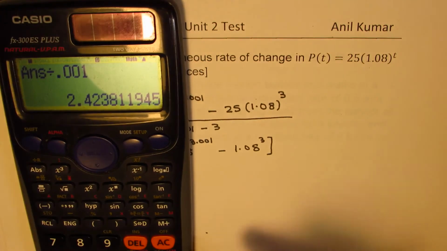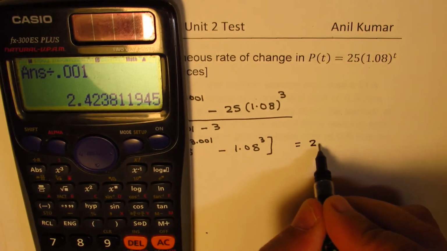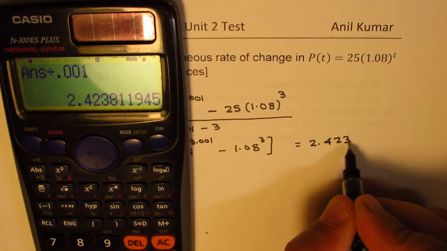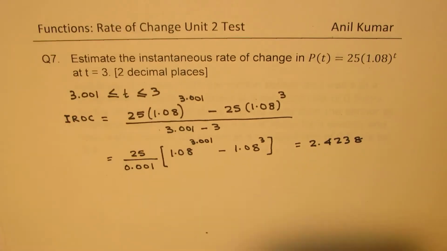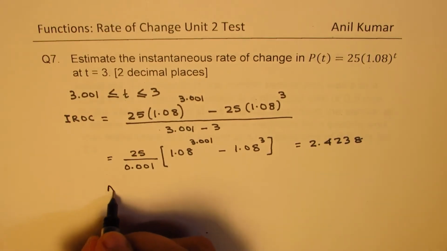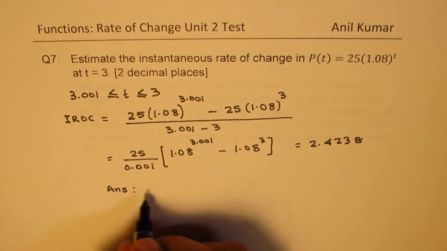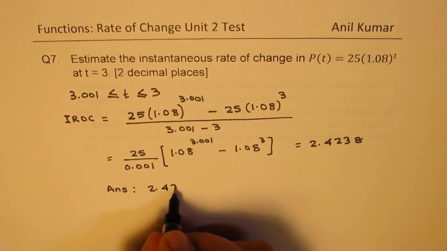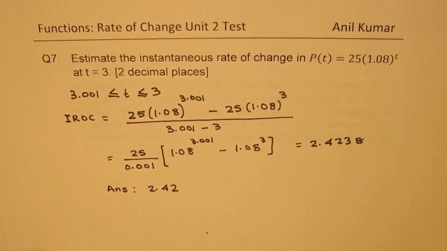That gives us 2.4238, right? So rounding to 2 decimal places, we get our answer as 2.42, correct? So that becomes the solution.